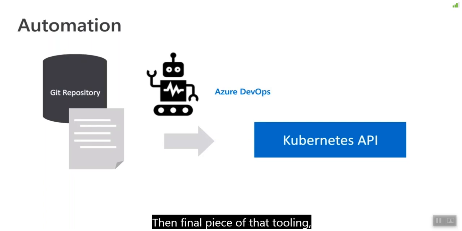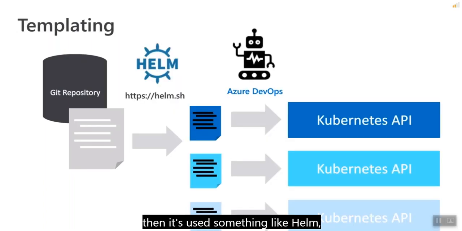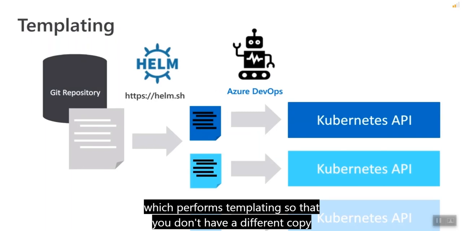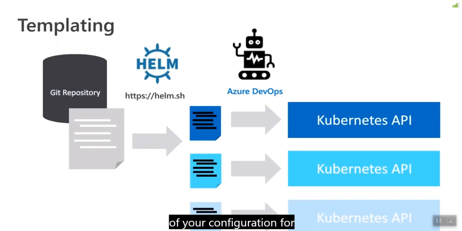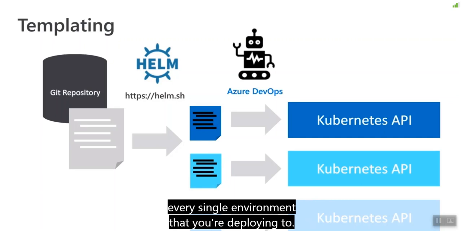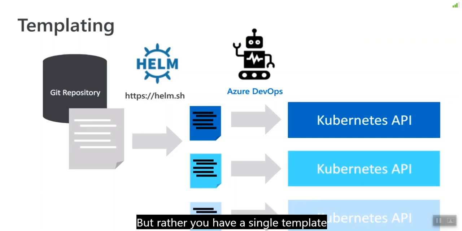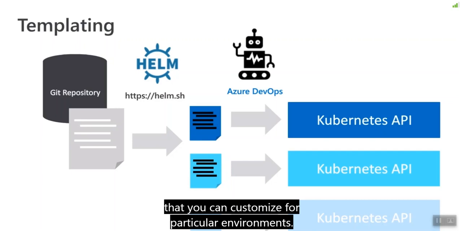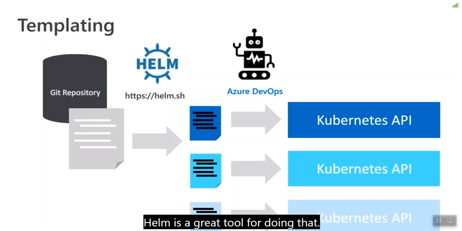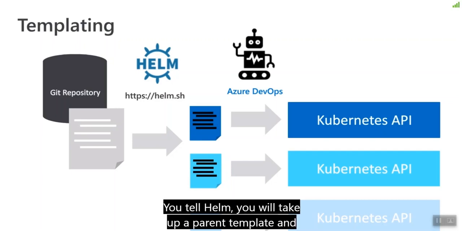And the final piece of that tooling then is to use something like Helm, which performs templating, so that you don't have a different copy of your configuration for every single environment that you're deploying to, but rather you have a single template that you can customize for particular environments, and Helm is a great tool for doing that. Helm will take a sort of parent template and customize it for each local environment.